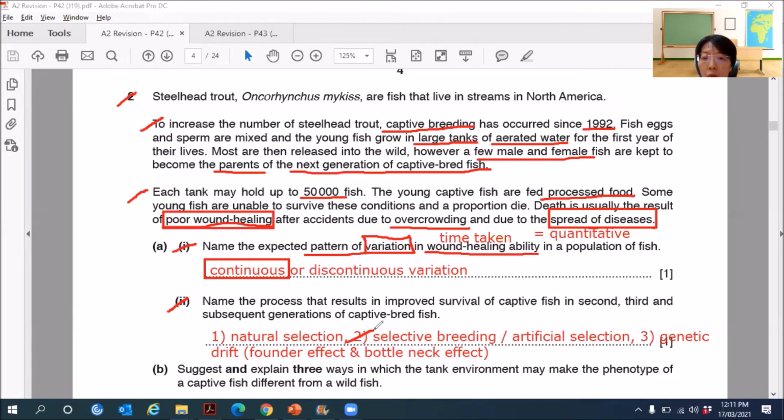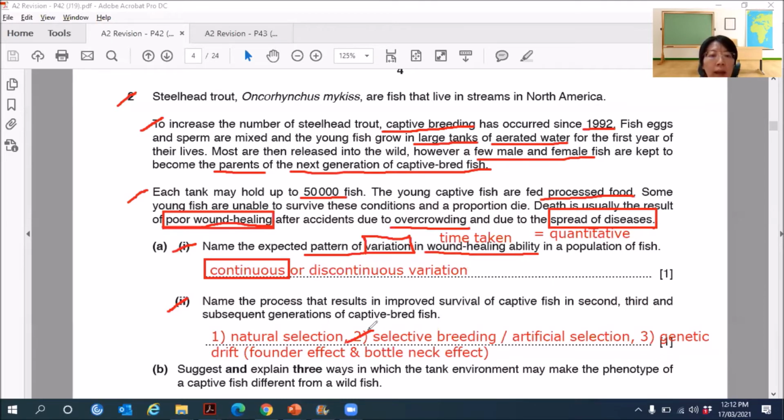But during the selective breeding, we actually did not do a selection. That means we did not select, okay, this fish has better wound healing and this fish is more resistant to disease, therefore we choose and breed them. We did not do this. We allow the fish to grow in the tank, and whichever fish survive, we continue to grow them.